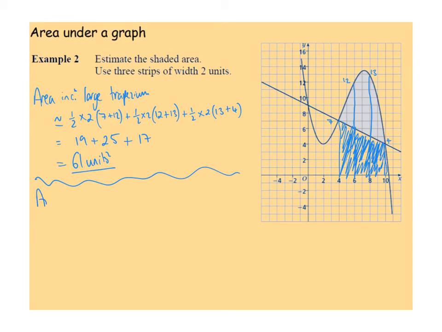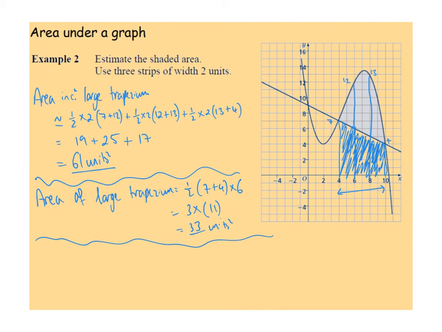So area of the large trapezium is half the sum of the parallel sides times the distance between them, which is from 4 up to 10, so that's 6, that's this distance here. So that's 3 multiplied by 11, which is 33 units squared.